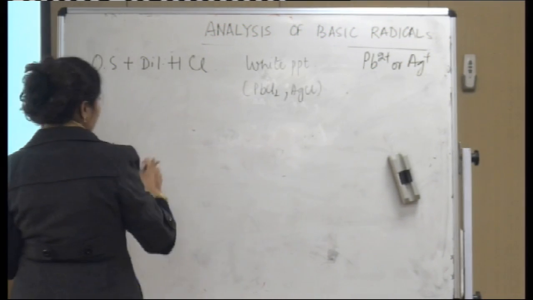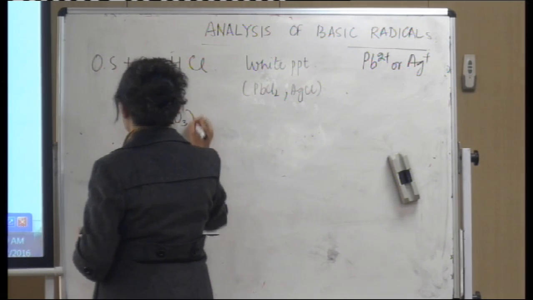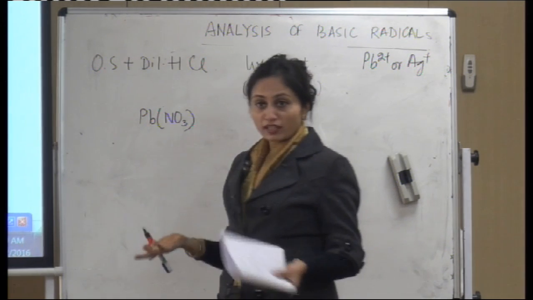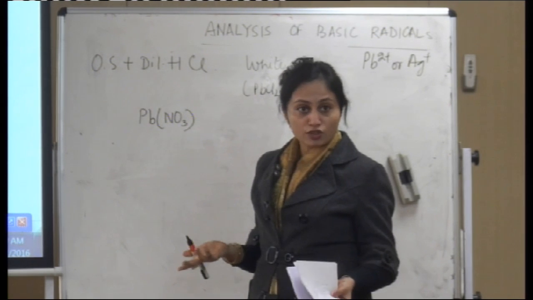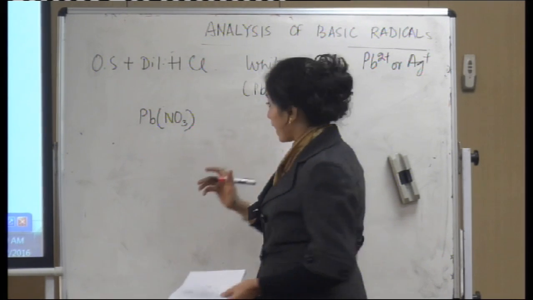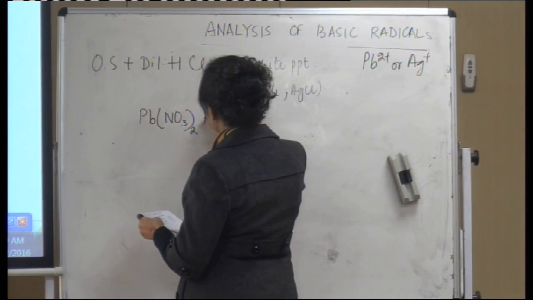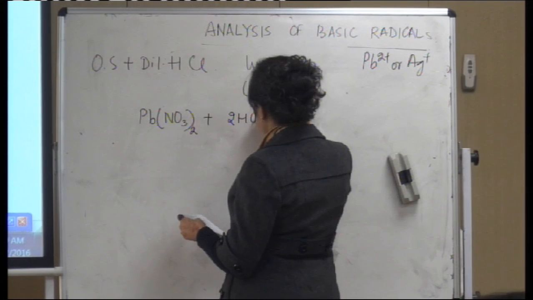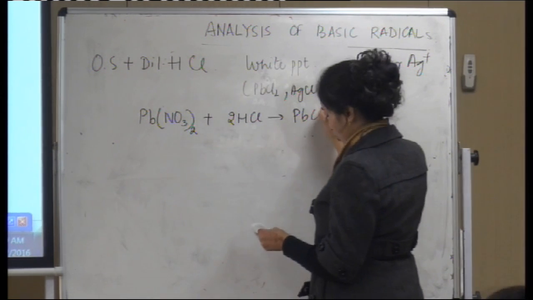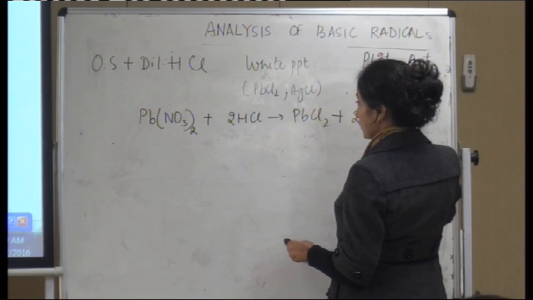And say the salt in that case, if you have to write down the reaction, you know that ions would not exist as they are. You are given a salt. A salt will be a combination of something. So when you jot down the reactions after your analysis is performed, say if supposedly you had lead nitrate plus 2HCl, it will give you PbCl2 plus 2HNO3, right?